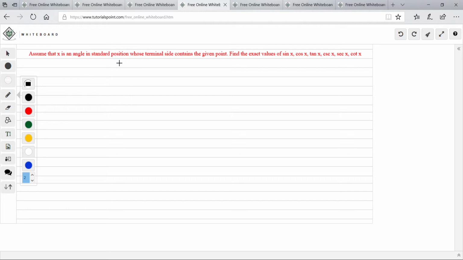Okay, so we are given the point square root of 6 and negative 2. This is what we are given. So this is our x and this is our y. First step I would do is draw it. So what quadrant would you think we're going to be in?